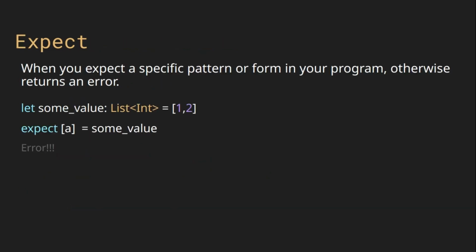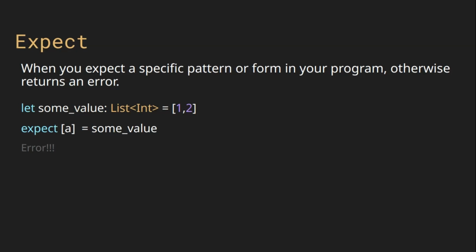Another way to handle the logic of your program is with the expect keyword. Here, we expect a specific pattern or form in our program, otherwise it returns an error. Here, I have to point out that it is one pattern, not any other pattern.